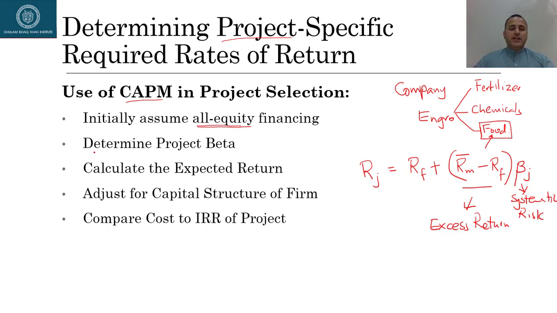The second part is to determine the project beta. How do you do that? I will tell you in the coming few slides. Then we have to calculate the expected return. Once we get hold of beta, we can calculate expected return. As I said, the assumption here initially was that all the financing is coming from equity. Practically, most of the time it's not like that.